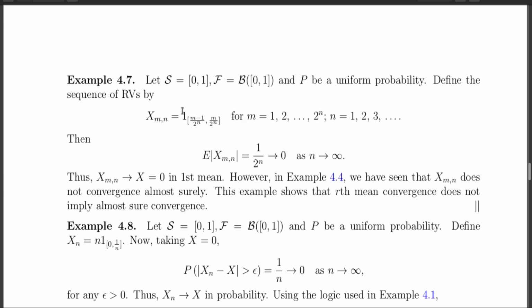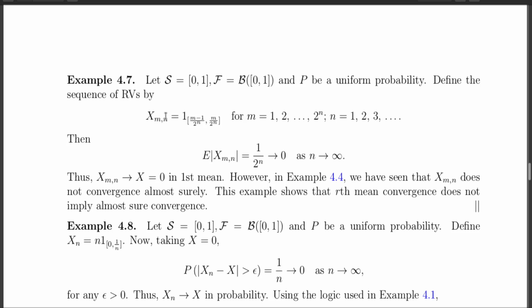So now in this example, what we are going to show is that this same sequence of random variables converges to 0 in the first mean. If I can show that, that implies that it converges to 0 in probability also, but we have already shown that this sequence does not converge to 0 almost surely.